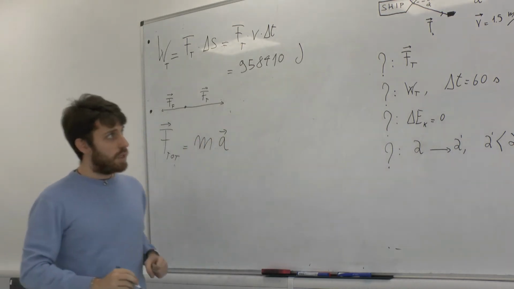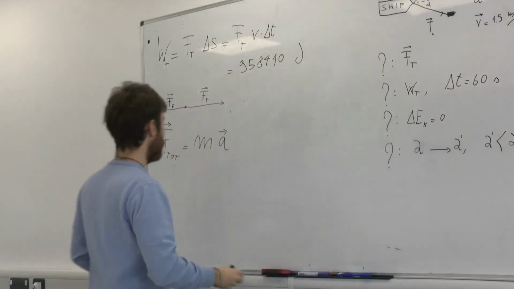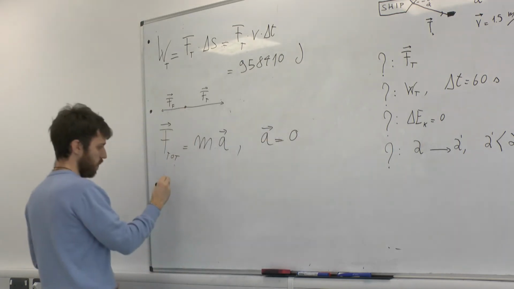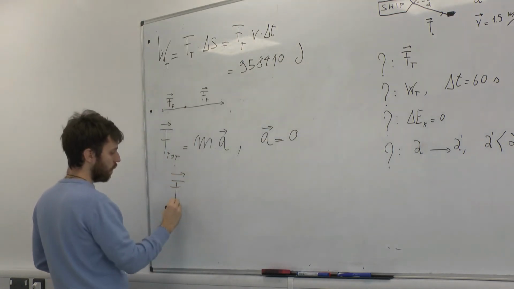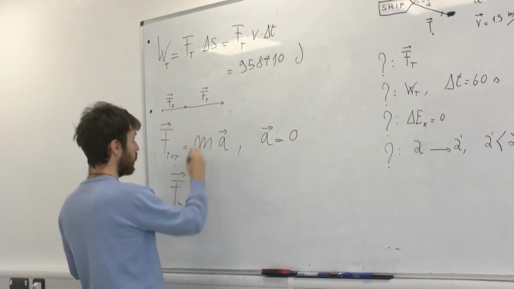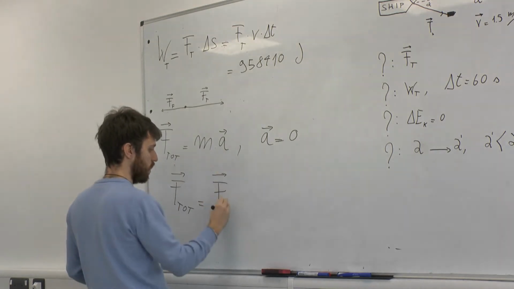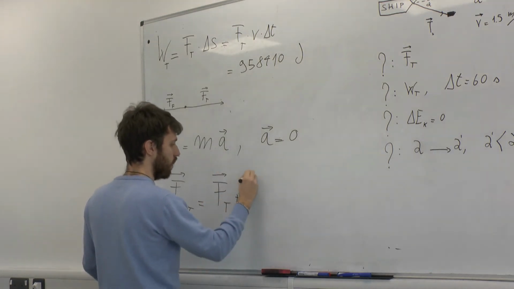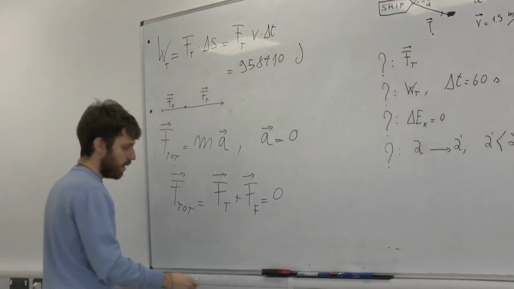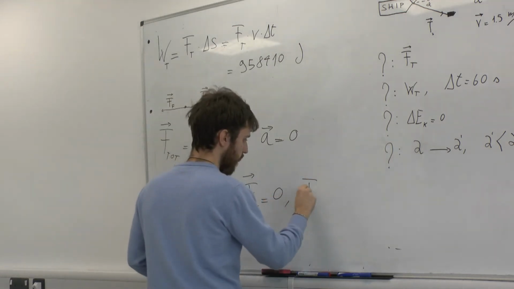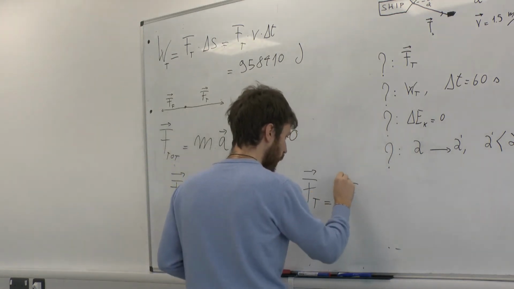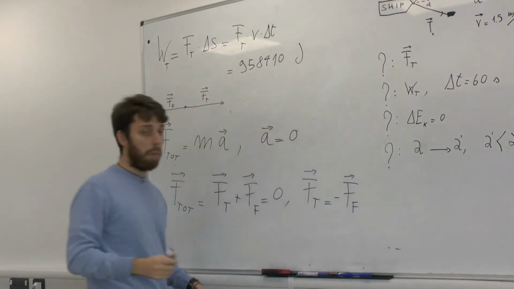But in this case, since the velocity is constant, the acceleration must be 0. So the total force acting on the ship must be 0, which means the sum of the pulling force plus the frictional force should be 0, which means that the pulling force and the frictional force have the same modulus but opposite directions.